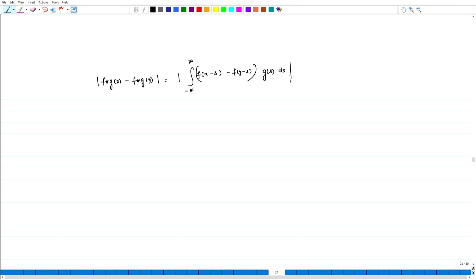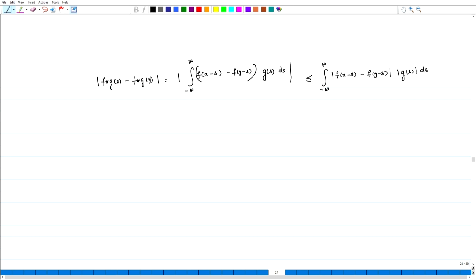Now, if x is close to y, what we need to show is that this is small. So, this is less than or equal to the integral from minus infinity to infinity of mod of f of x minus s minus f of y minus s, times mod g s ds.